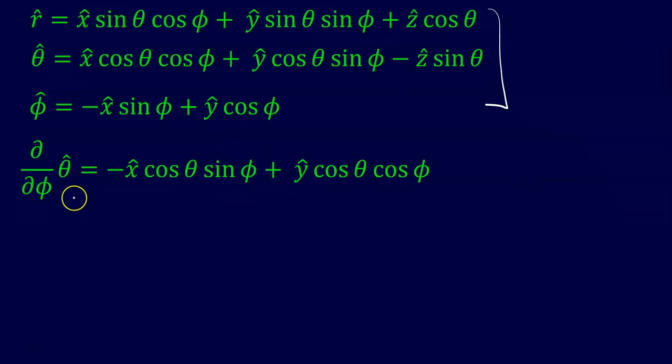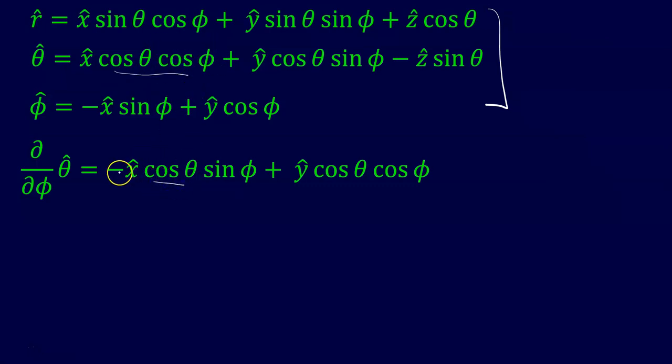So I take the derivative with respect to phi of theta hat. This is theta hat right here. First of all, from this term, I'll get just the cosine theta, which doesn't depend on phi.